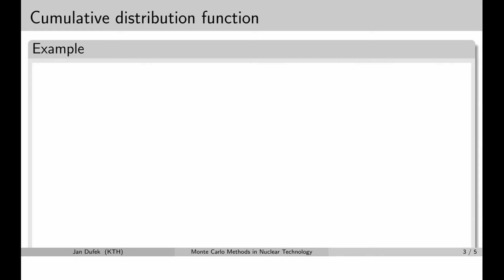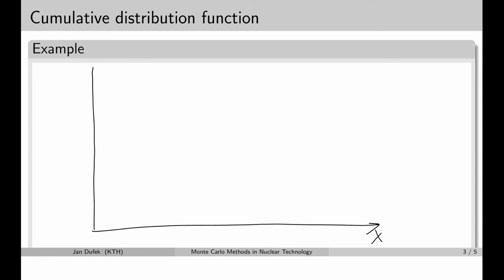Let me give you an example of the cumulative distribution function for the discrete random variable at first. Let's take the example of the reaction type, and at first I'm going to redraw the probabilities associated with different reaction types. So we have reaction types here and the probabilities.